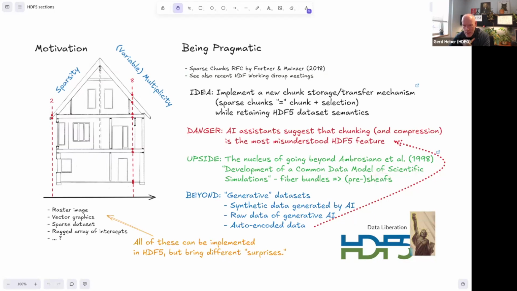For data sets that perhaps look like multidimensional arrays, but where the mechanism to store or generate that data is different from the ideas of 20 years ago.